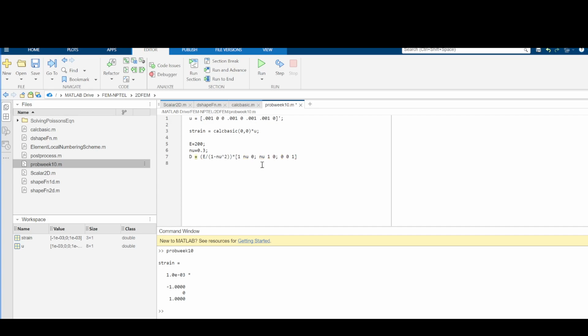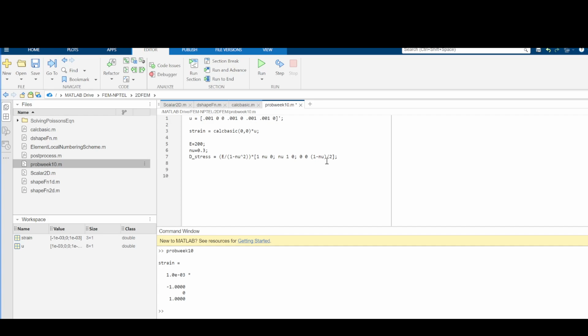And it's 1 minus nu by 2. Yeah, rest all is fine, I think.